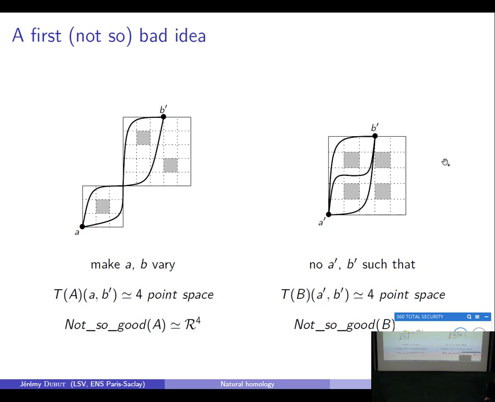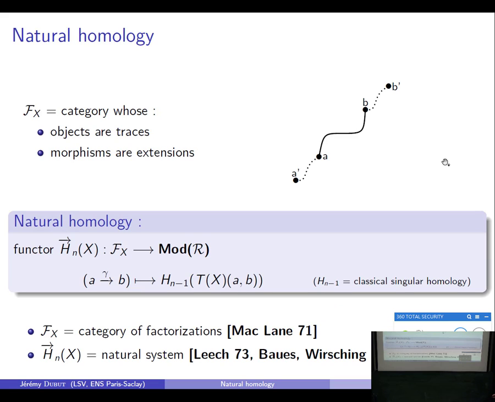We will look at, essentially, all the trace spaces between all pairs of points, taking their homology, and look at how they evolve with time. So I must be more precise about what I mean by how they evolve with time. And I will do it like this. I will consider homology as a functor from some indexing category to a category of modules.